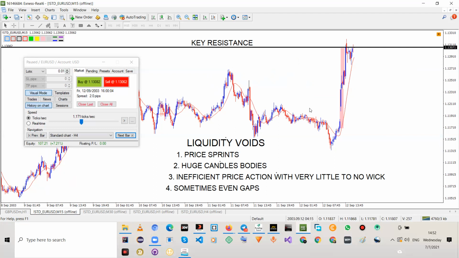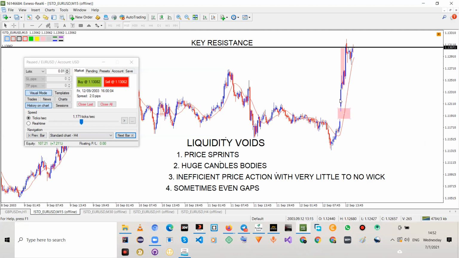It is also formed by inefficient price action with very little to no wicks. Inefficient price action is just price action with large range candles that leave no wick and even gaps. That's why you can see a gap in there, a gap here, but on the H1 time frame it's just one big candle.